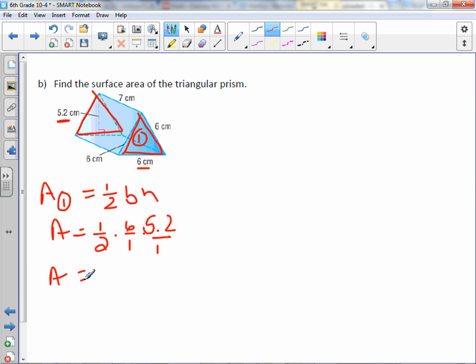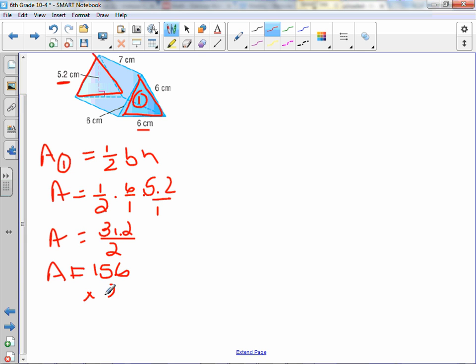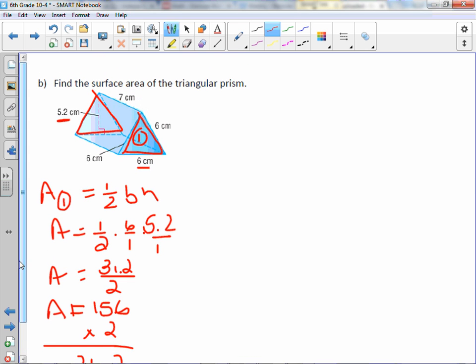Your numerator, 6 times 5.2 times 1, is 31.2. And your denominator is 2. Divide it out and get 15.6. Remember, there are two triangles, so let's multiply that by 2. And we get 31.2 for our triangles.